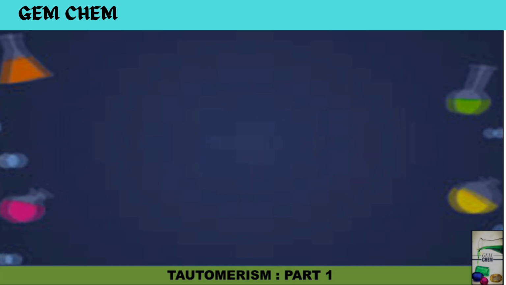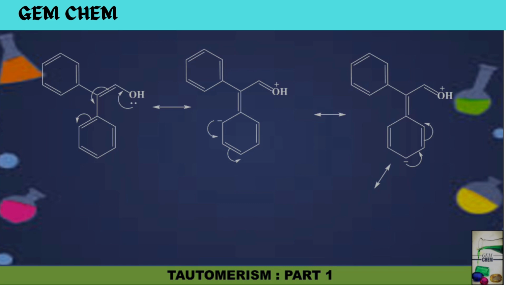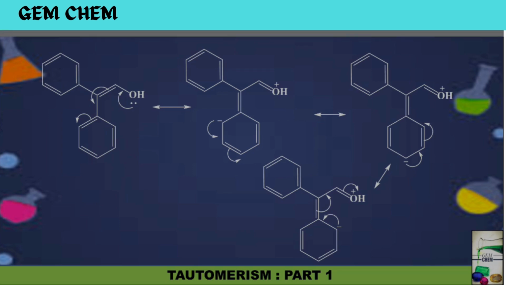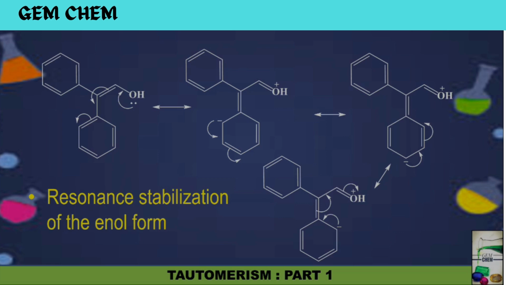If we look into the resonance stabilization, once you continue with the resonance, there are so many structures obtained. Similarly, this is shown for this ring, but this particular resonance can occur also with these rings. So many resonance structures provide stabilization to the enol form. As a result, we can conclude that resonance stabilization of the enol form makes the amount of enol content more.